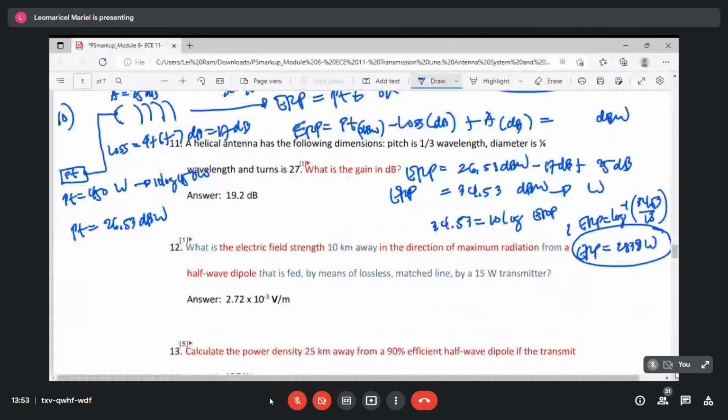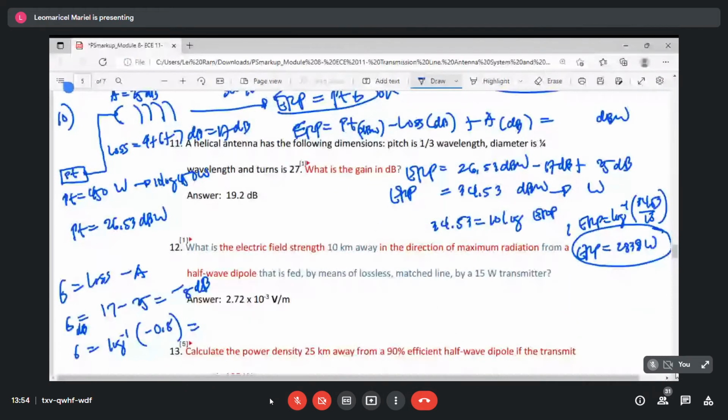Inverse log of negative 0.8. Or 0.8 lang. Ayan, 6.31.